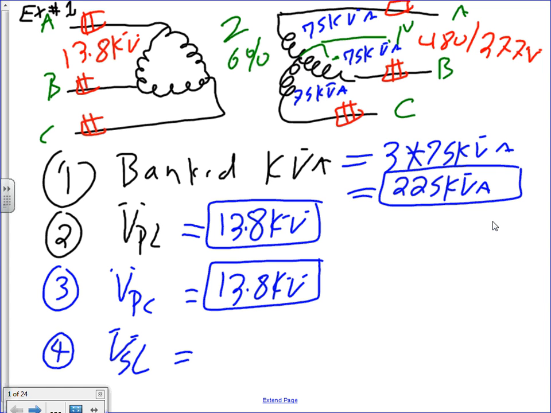Okay, so here's my coil voltage, my line voltage. This is on the primary side. On the secondary side, the same thing. On the secondary side, the line voltage is between the neutral and phase A, the neutral, phase B, the neutral, and phase C. So if you guys go between phase A and the neutral, what do you get? Phase A and the neutral.